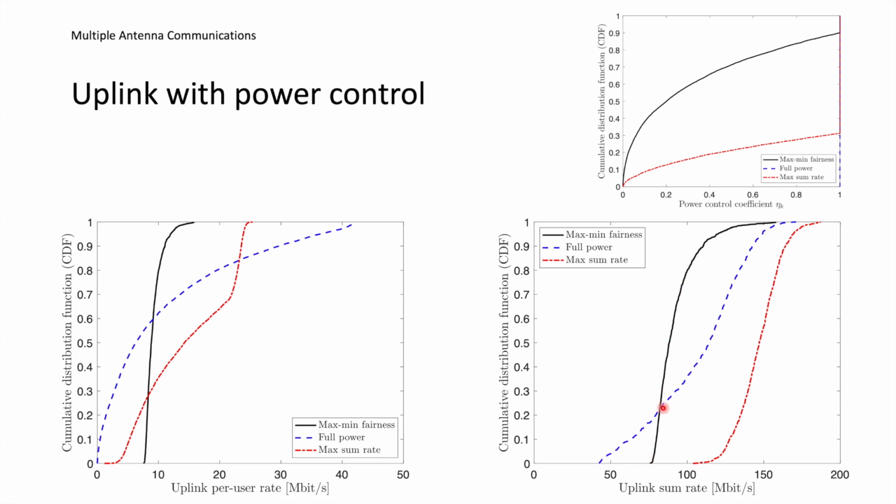The black curve is for the worst cases better than full power, but in other cases it is not as good as using full power. But here we really see the trade-offs: if we are targeting maximum sum rate, we get the highest sum rate all the time. If we are targeting maximum fairness, we are guaranteeing that the worst case situations are as good as possible for our users.